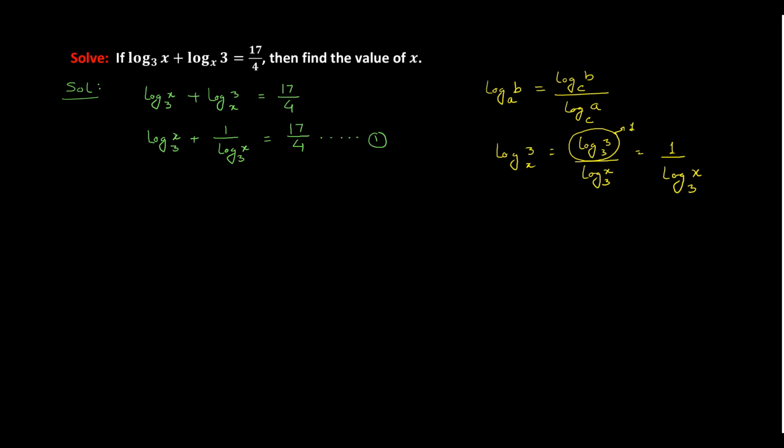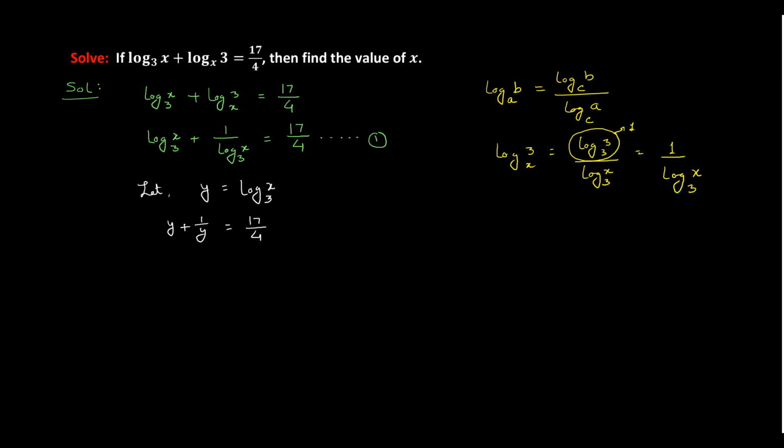So now let's consider y is equal to log of x to the base 3. We will substitute this value in equation 1. So we will get y plus 1/y is equal to 17/4.